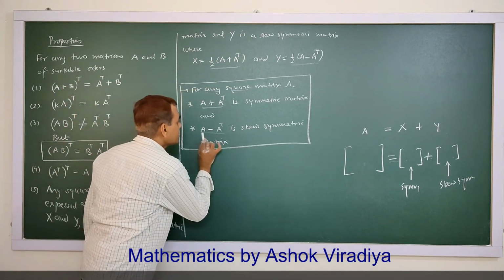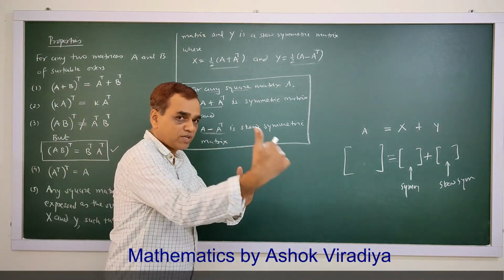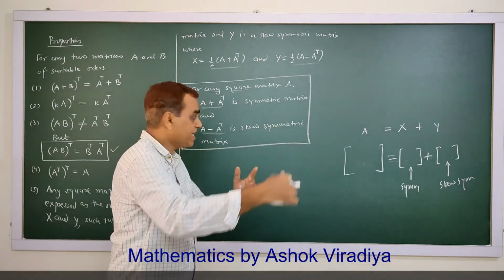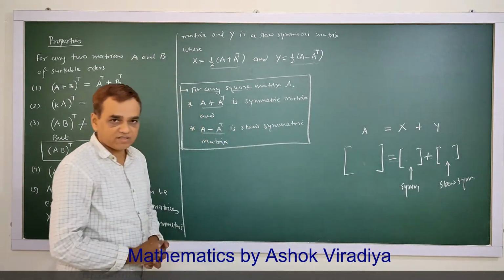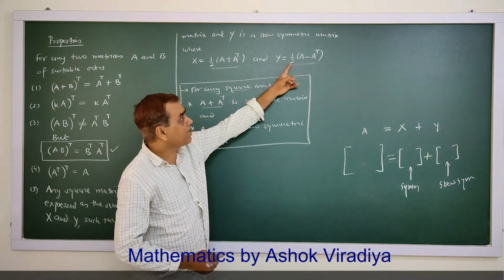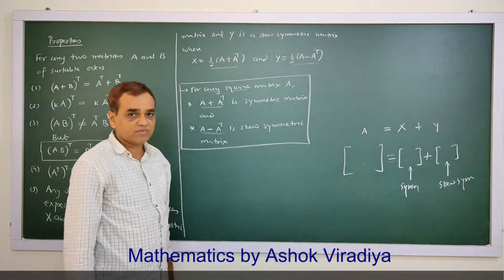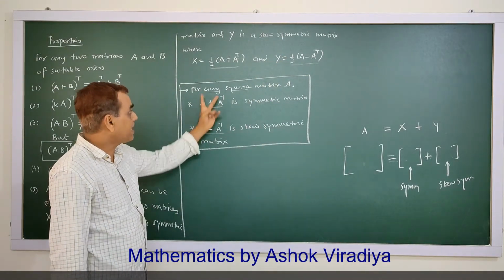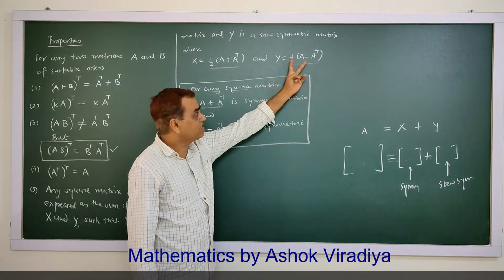In any square matrix, if you subtract its transpose, then the new matrix is always skew symmetric. And to a skew symmetric matrix, if you multiply by 1 by 2, it remains skew symmetric. This is symmetric, therefore this is symmetric. This is skew symmetric, therefore this is skew symmetric.